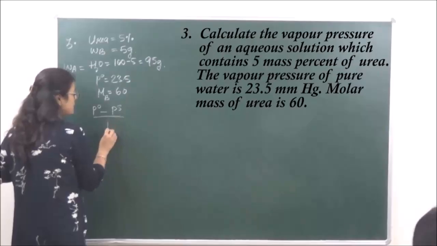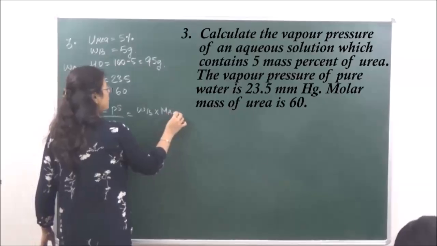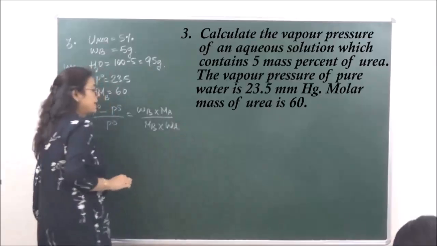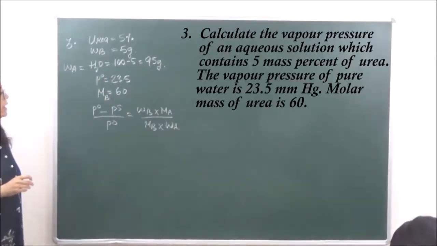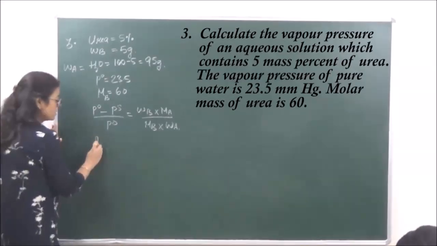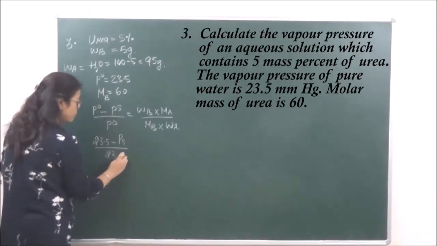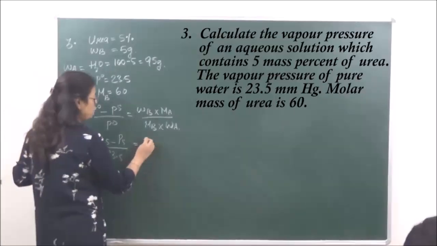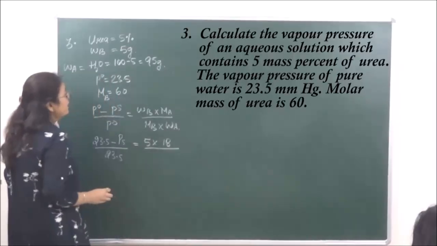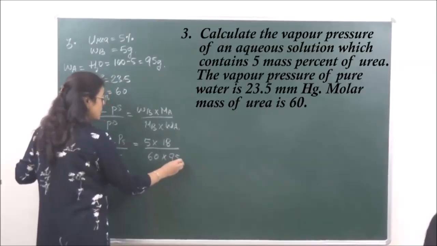P naught minus Ps upon P naught that is equal to WB into MA upon MB into WA. Okay. Now P naught given to us is 23.5. So 23.5 minus Ps upon 23.5 that is going to be equal to 5 into MA is 18 upon MB is 60, it's given to you in the question, and WA is 95.